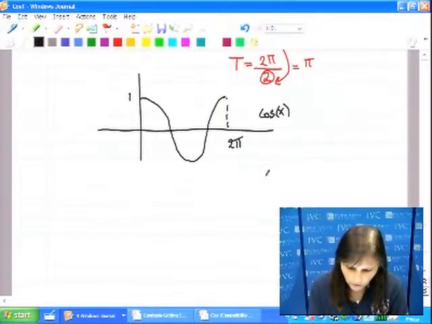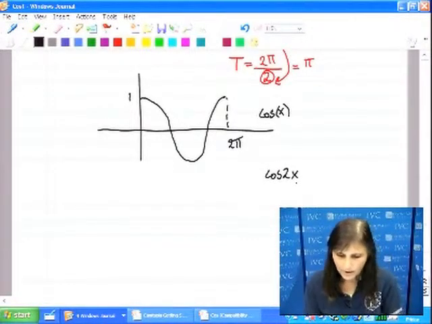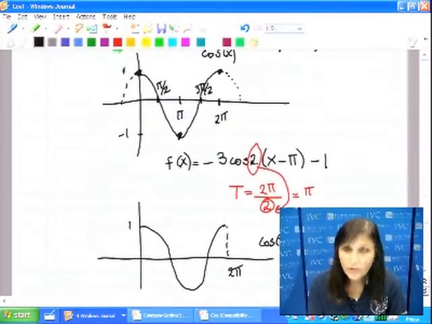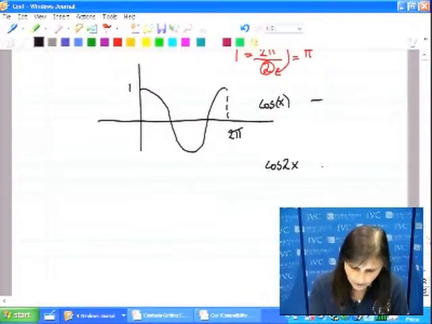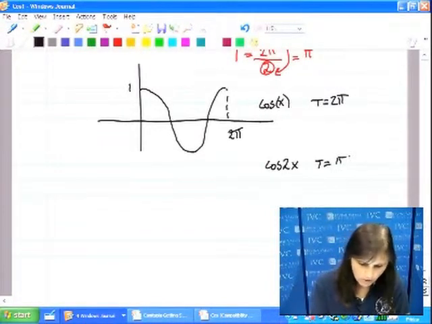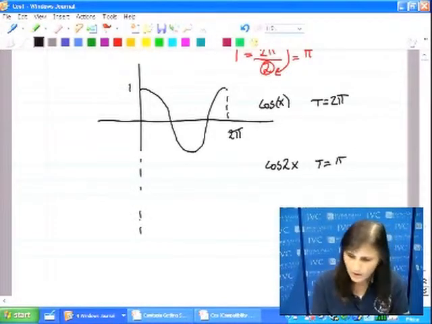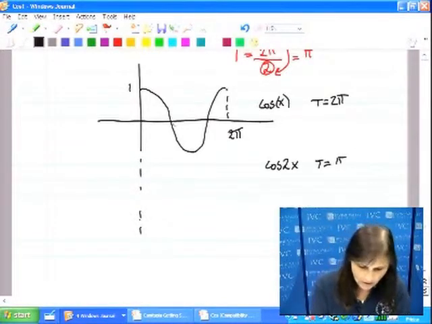What we are going to do is draw cosine 2x, because there is this 2 in front of the parentheses. So my new period is pi. Where is my pi? It is here. And this is my pi over 2.